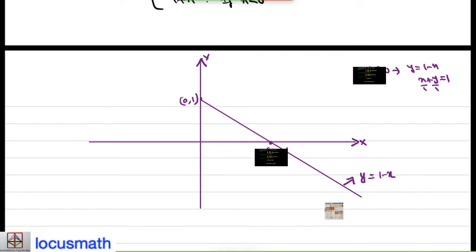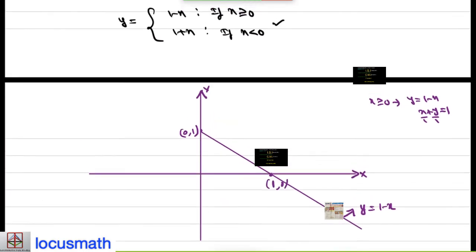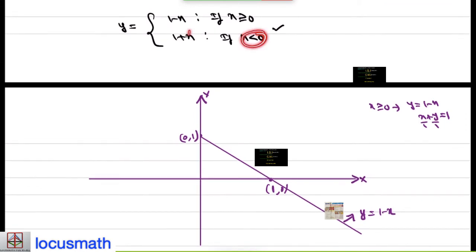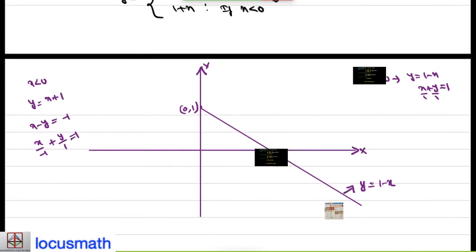Now next one is for x less than 0. For x less than 0, the curve is y is equal to x plus 1. That is x minus y is equal to minus 1. The x intercept is minus 1, y intercept is 1. The line will be this one.